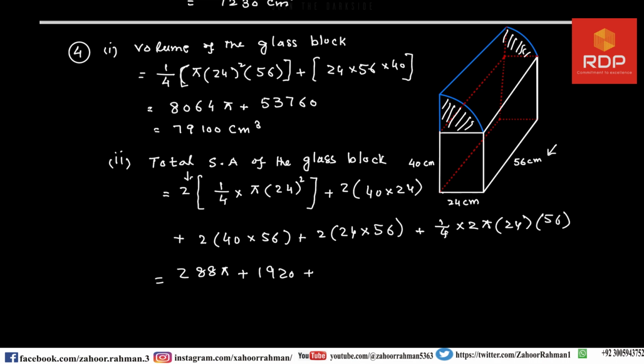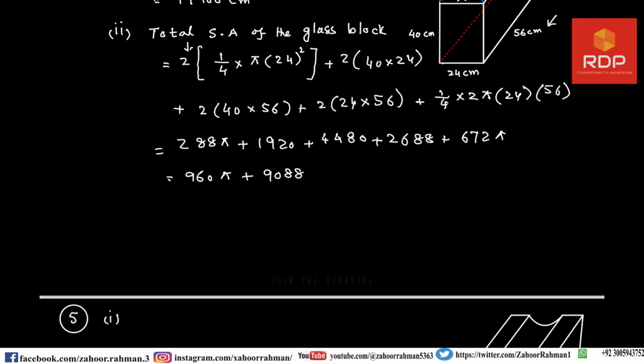1920 from the second part, and 4480 from the third part, and 2688 from the fourth part, and 672 pi. We will add the terms with pi, and after the addition we will get 960 pi and 9088 from the constant values.